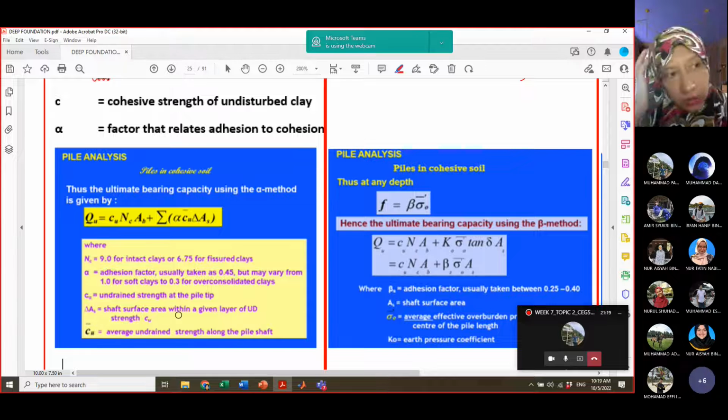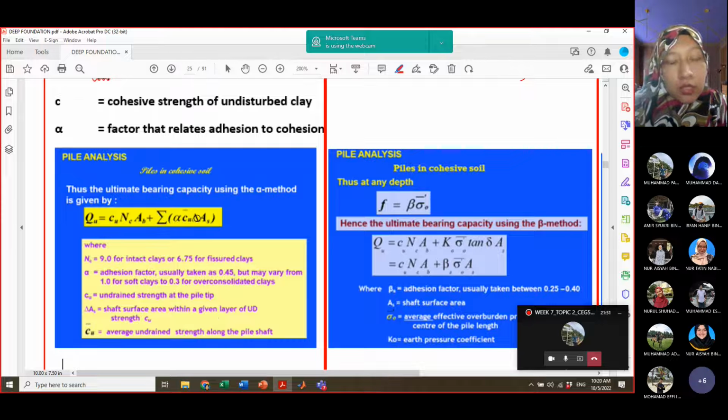Maknanya kalau kata you have a single layer of pile and then the pile at the bottom rested on the CU equal to 80 kPa, so kita akan guna 80 kPa untuk masuk dalam first term CU di dalam persamaan ni. Kemudian delta AS is the shaft surface area within a given layer of undrained strength CU, and the average CU is the average undrained strength along the pile shaft.